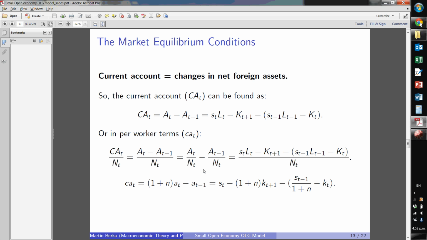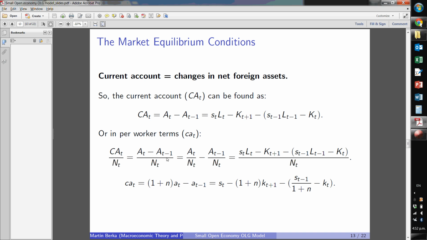The current account is defined as the change in the net foreign assets. So we know what the net foreign assets are in period t and what net foreign assets are in period t minus 1, and the difference between them is the current account. Now I can express it dividing by N t, in per capita terms or per worker terms.